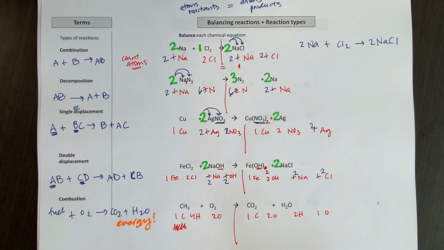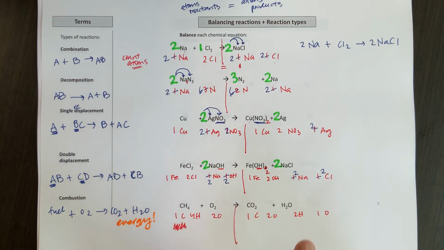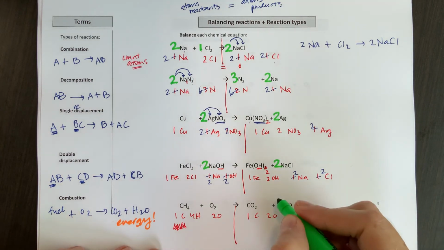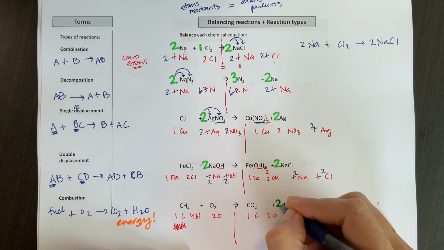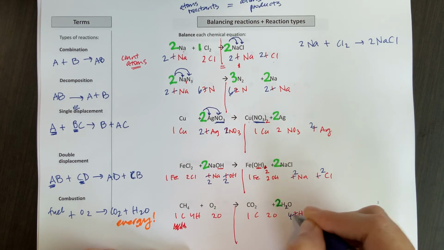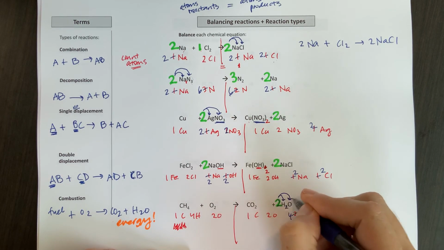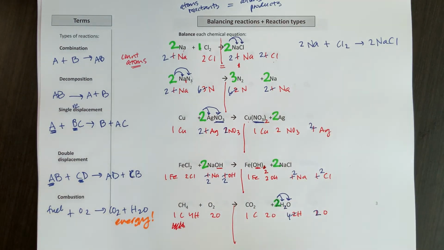Okay, so let's just kind of work from left to right here. Carbons are good. 4 hydrogens, and I see 2 hydrogens, and I'm just ignoring those oxygens because they're everywhere. All right, so to fix my hydrogens, I need 2 here. That's going to be this 2 times this 2, so this becomes 4 hydrogens and 2 oxygens. All right, now I'm going to have to look at my oxygens.